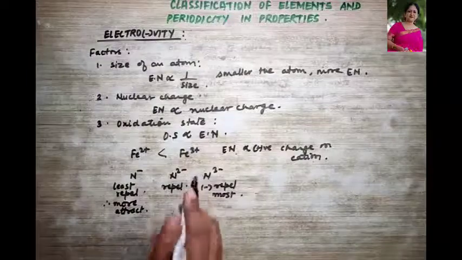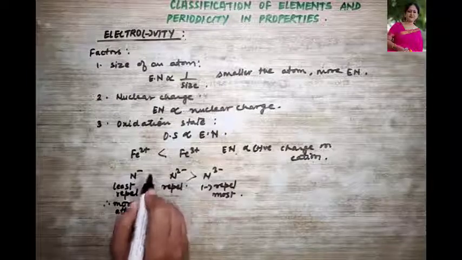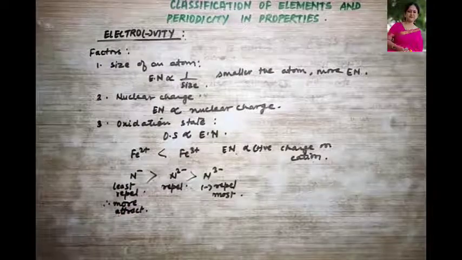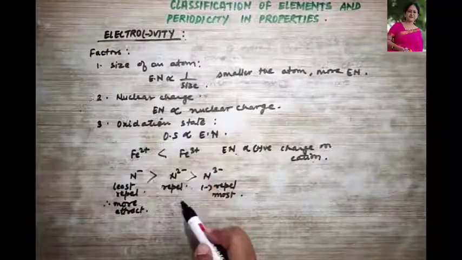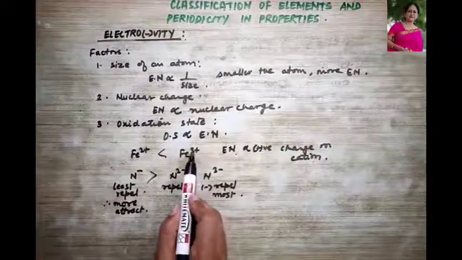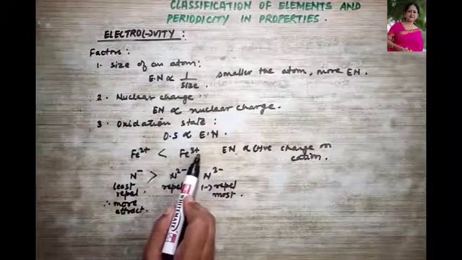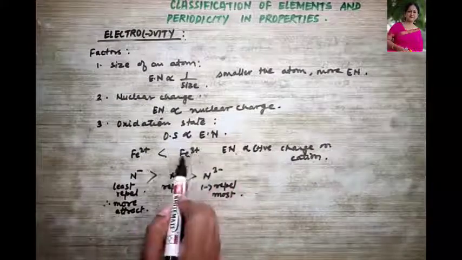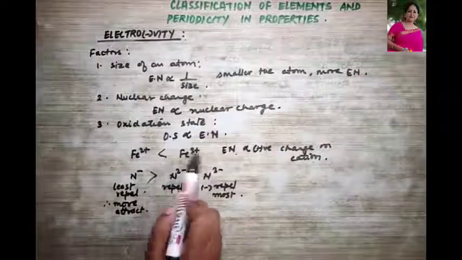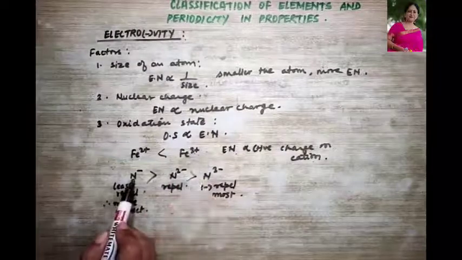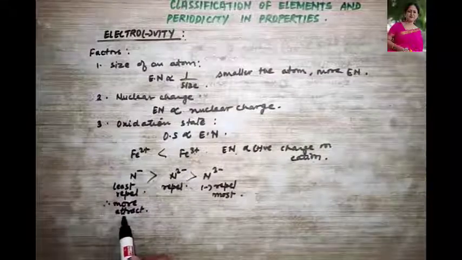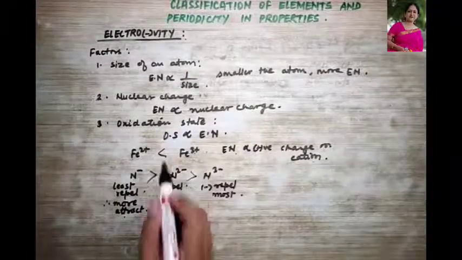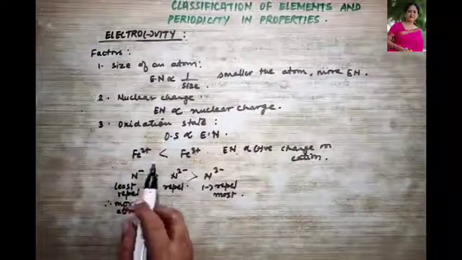So this is least electronegative. This is the most electronegative. So now look at the cations and the anion. If a cation has more charge on it, it is more electronegative. If the anion has less charge on it, that is more electronegative. I hope this is very clear to you.